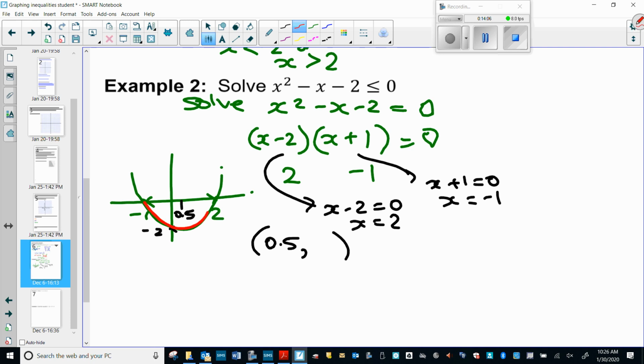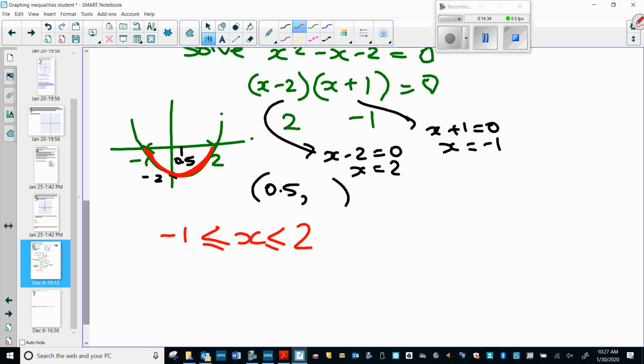This bit here, underneath the x-axis, in between these two values. So we've got x in the middle, inequalities left and right, negative 1 and 2. But because it's all equal to, we add those two in there.